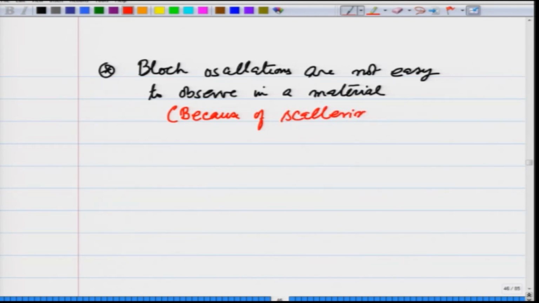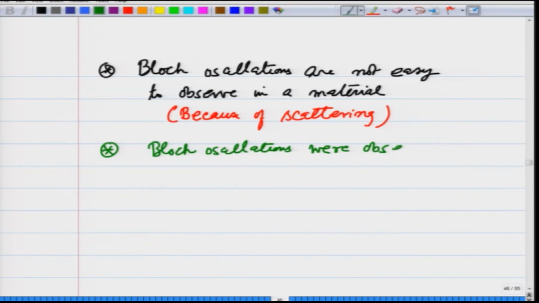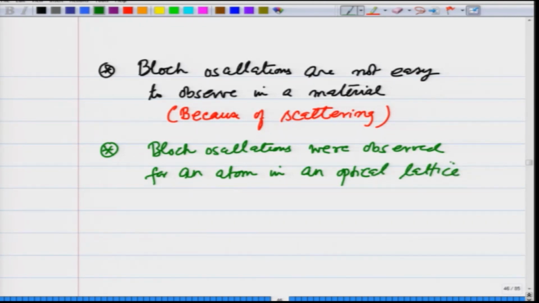It is very difficult to make a pure material, and therefore, Bloch oscillations were observed for an atom in an optical lattice and confirmed the theoretical predictions.